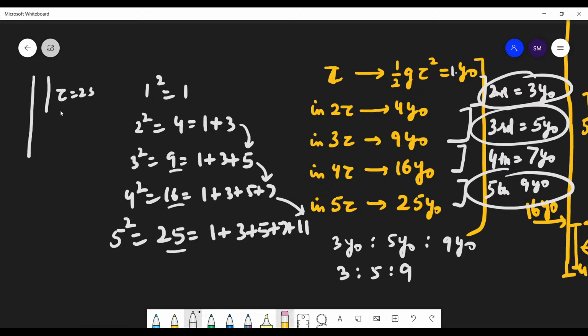In the first interval, it's y naught. In the second interval, it will be 3y naught.